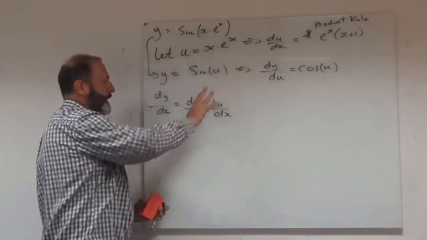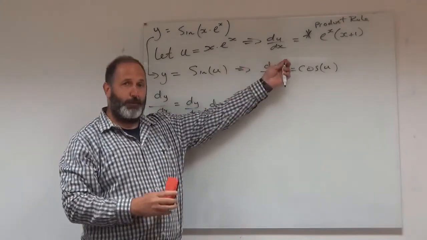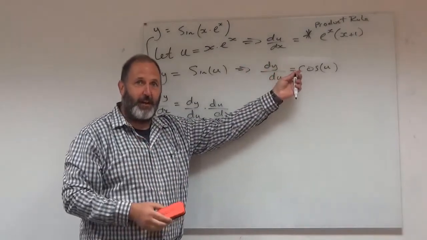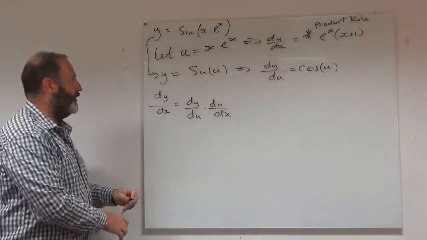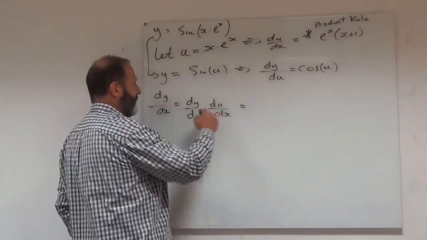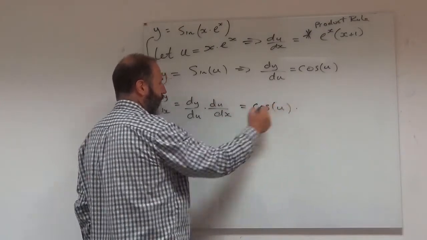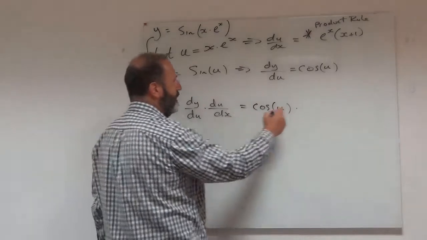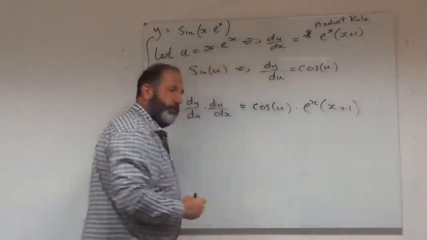I've set the template out as if I'm doing a chain rule question, which I am, and I've dealt with the tricky bit, which was the product inside a chain rule question. So now I can just rewrite it out. I can see my dy/du is cosine of u, and my du/dx is e to the x, x plus 1.